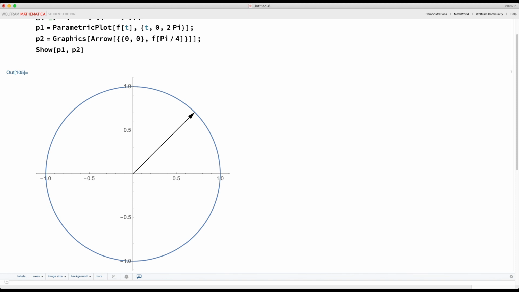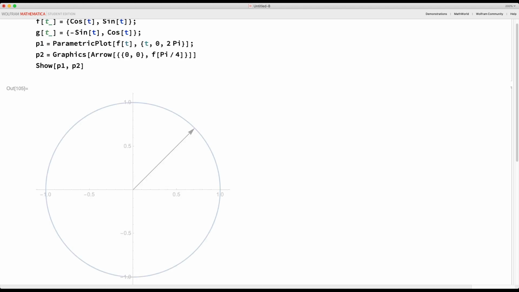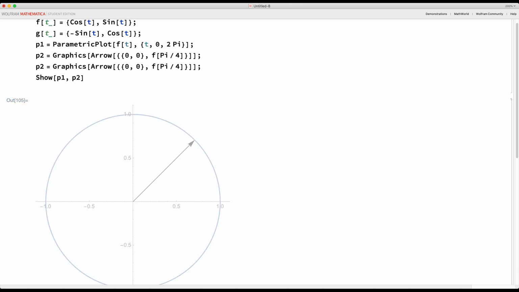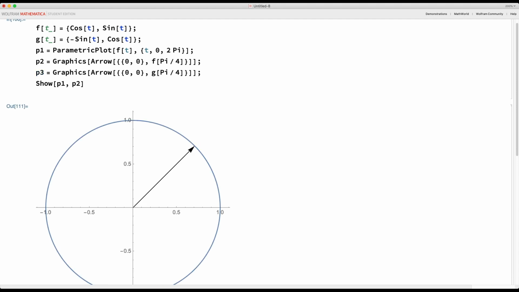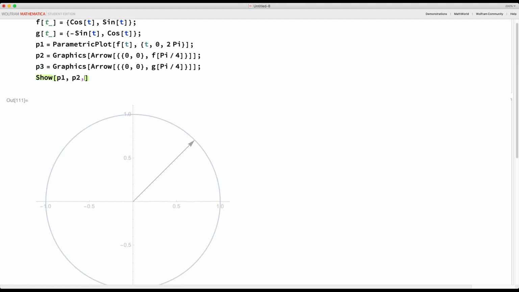Okay, so I'm going to make a copy of this thing. Oops. And I'm going to call it P3, and instead of doing F, I'm going to do G, okay? So that's the derivative, okay? Now, I'm also going to graph here P3.